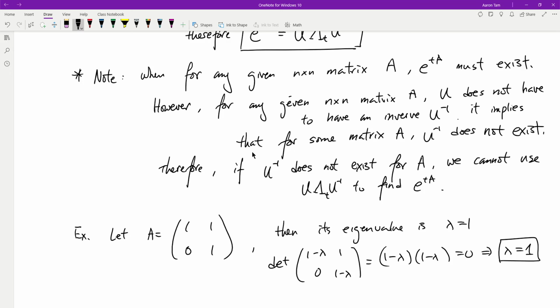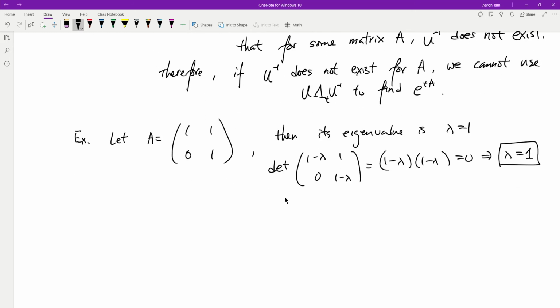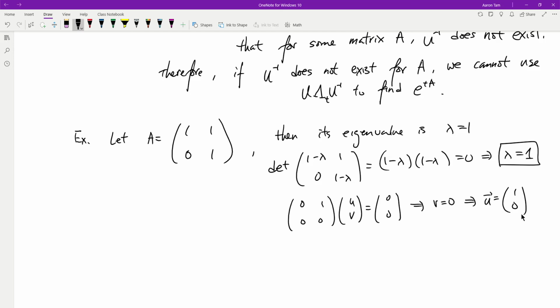And because it doesn't have two eigenvalues, we can now try to figure out what the eigenvector is that goes with it. So the eigenvector will be this matrix. That implies that v equal to 0. So therefore, I can say vector u would be any vector in the form of something, 0.